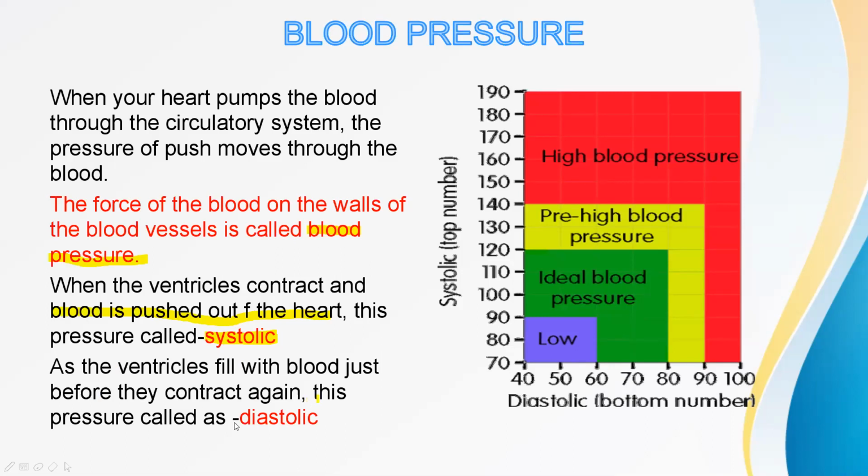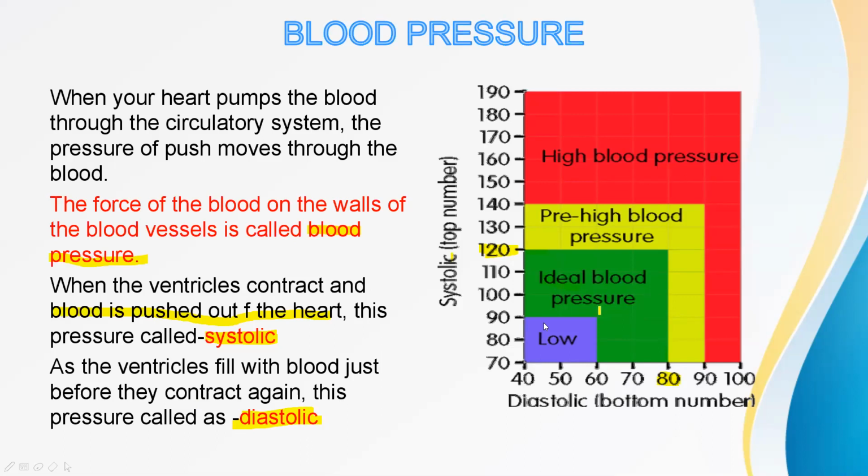This kind of pressure we call diastolic. So these numbers indicate that the systolic pressure should be 120 and the diastolic pressure should be 80. This pressure in the human body we call the ideal blood pressure.